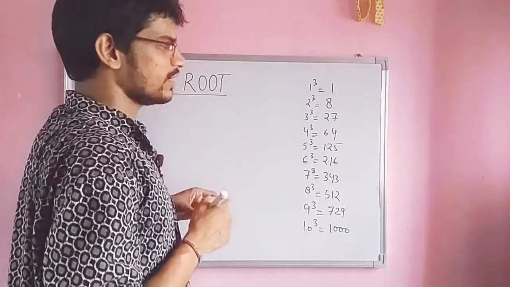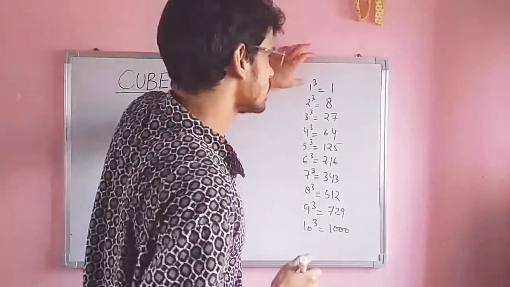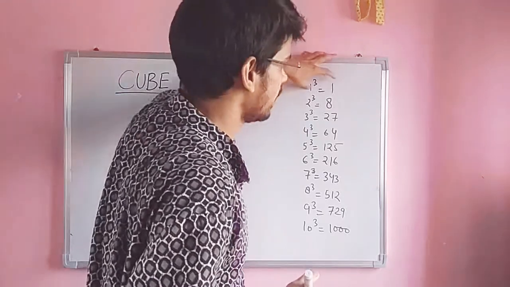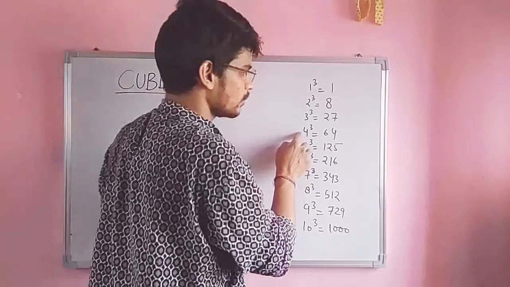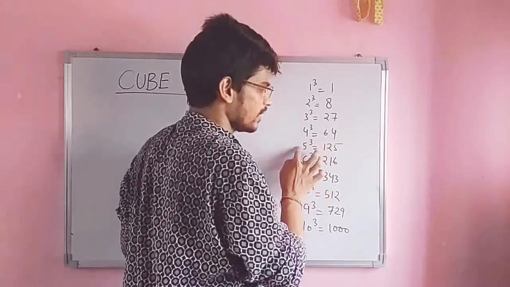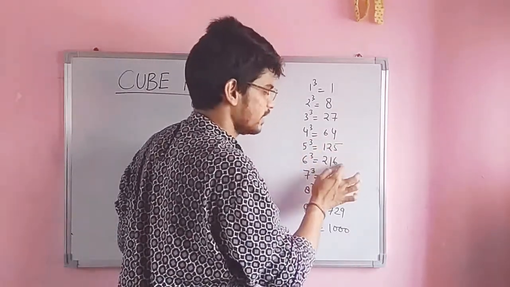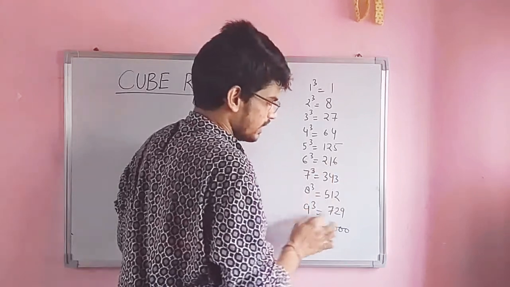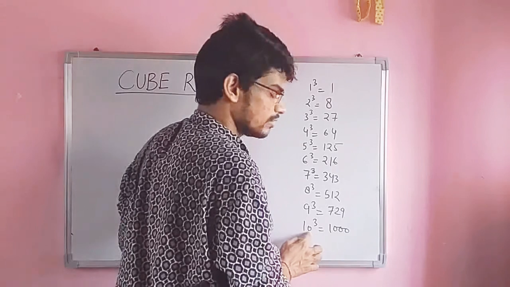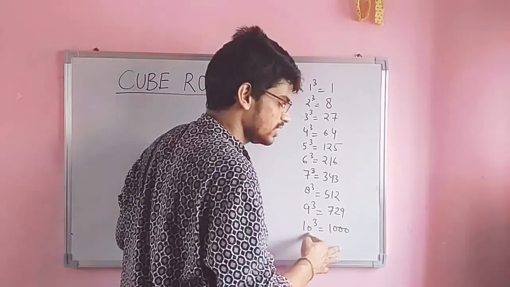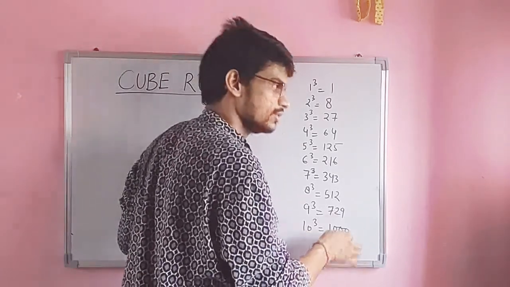We see that 1's cube always ends in unit digit 1. Next, 4's cube ends in 4, 5's in 5, 6's in 6, 9's in 9, and 10's in 0. A unit place of 0 always ends in 0.